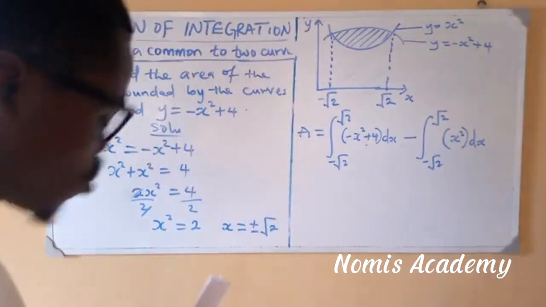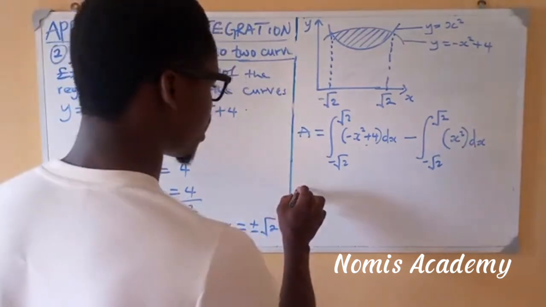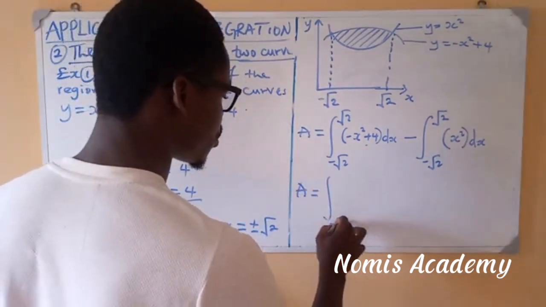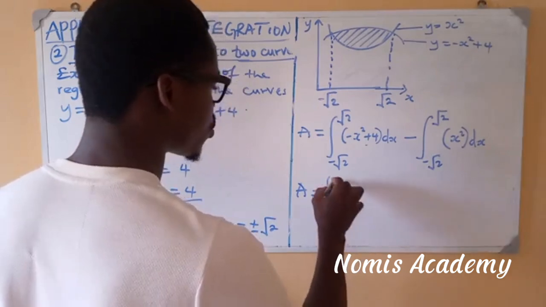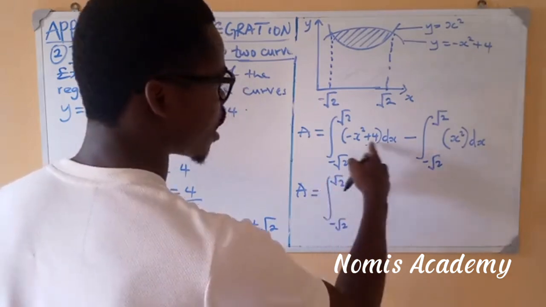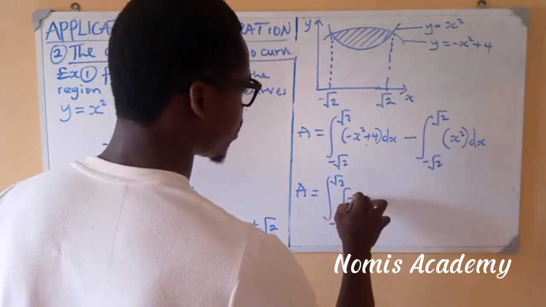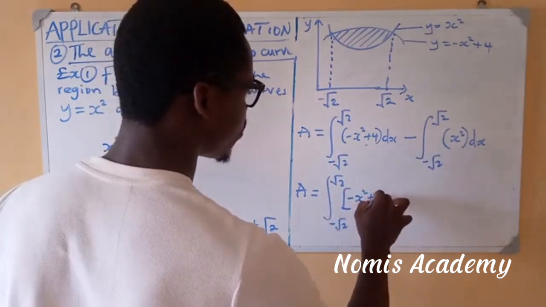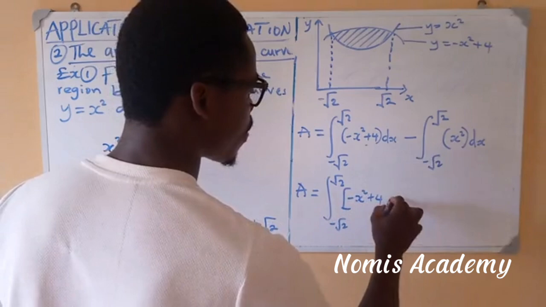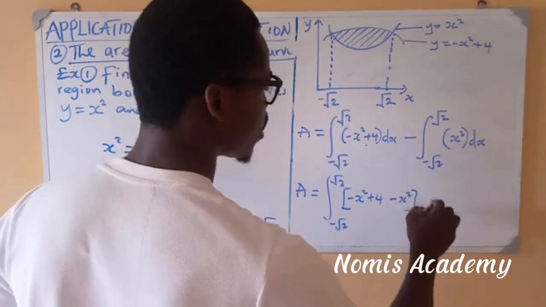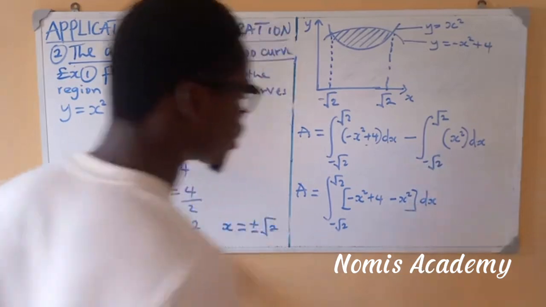Okay, so we can actually bring everything together. Area is equal to integral from minus root 2 to root 2, and then we bring this together. That will be minus x squared plus 4 minus x squared, and then here we have the dx.